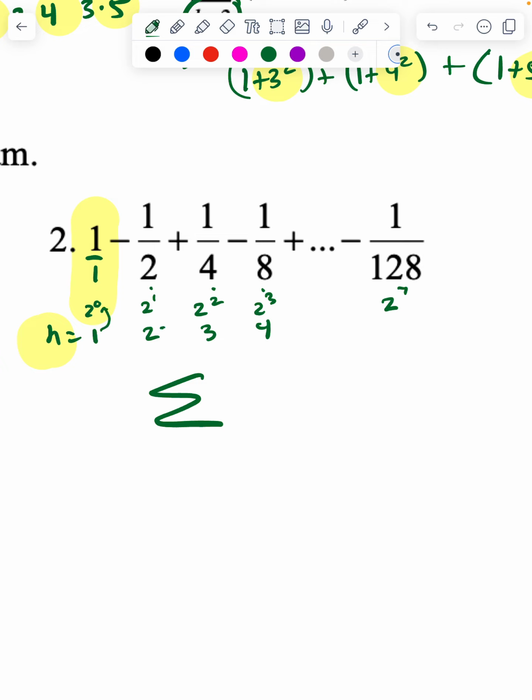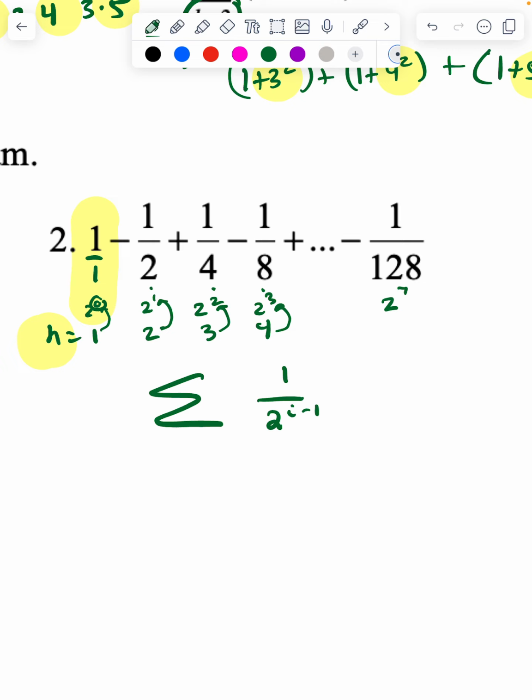The next one's not 2 to the second, it's 2 to the 1. This one's actually 2 to the second, 2 to the third. So the top number is always 1 in my problem. The bottom numbers are 2 to a power, but the power isn't equal to the term number, it's equal to 1 less than the term number.